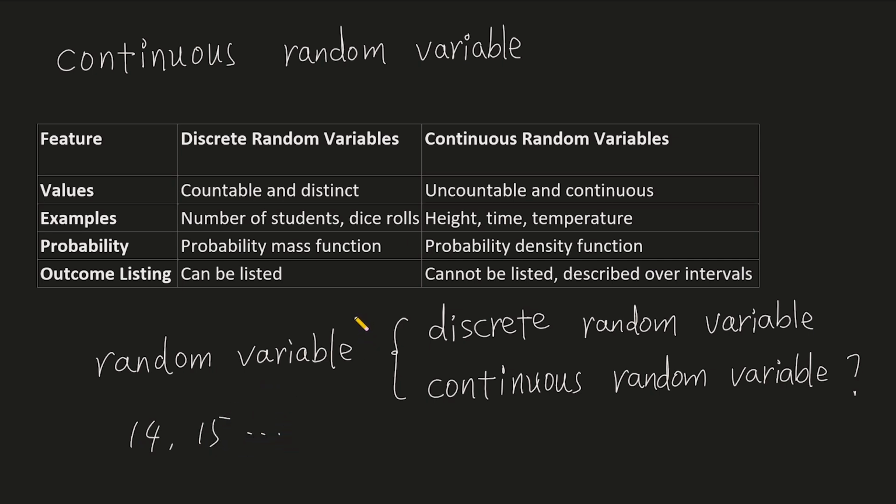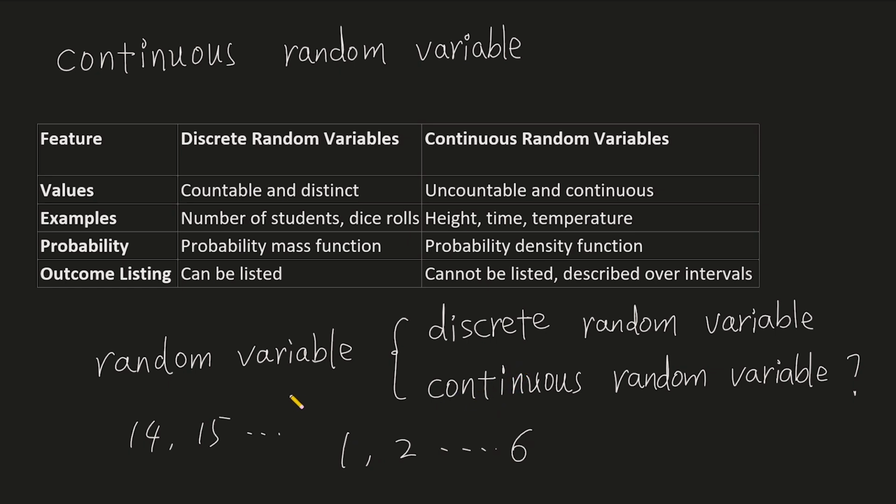Another example of a discrete random variable is the dice roll. Normally, the dice have 6 results: 1, 2, 3, 4 until 6. So it's countable and distinct.